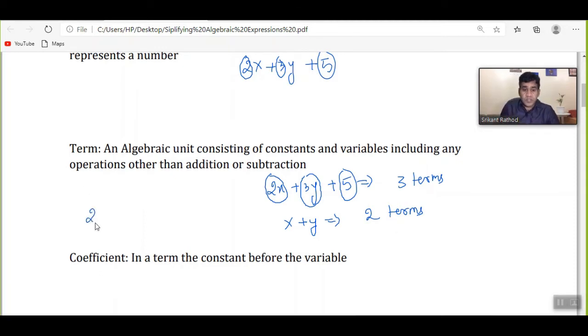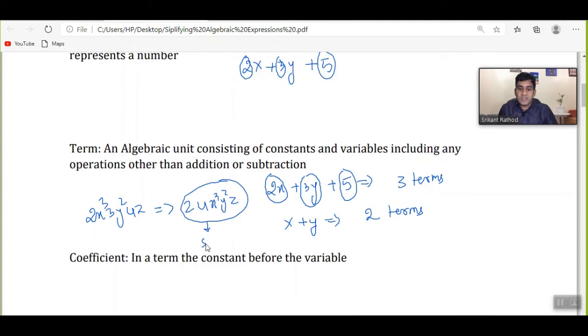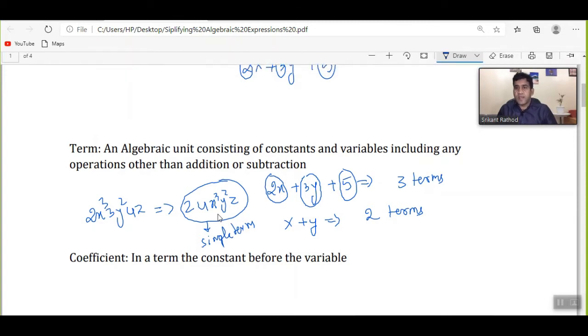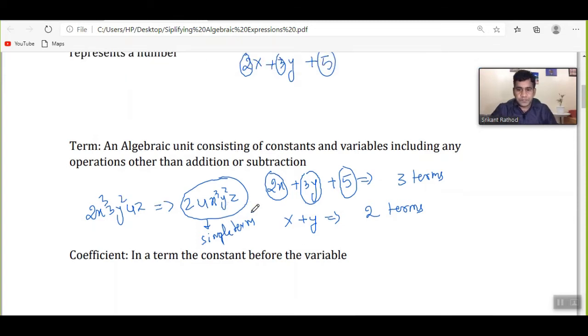If 2x cube, 3y square, 4z, if there is a multiplication sign in between, this can be simplified to 24x cube y square z. This entire thing is considered to be a single term with three variables x, y and z, right?